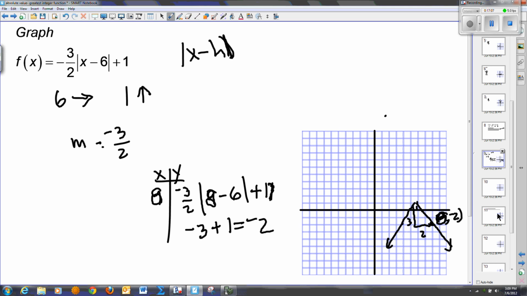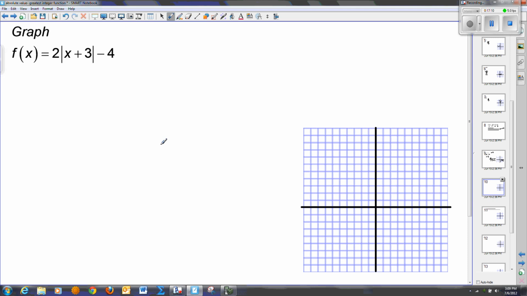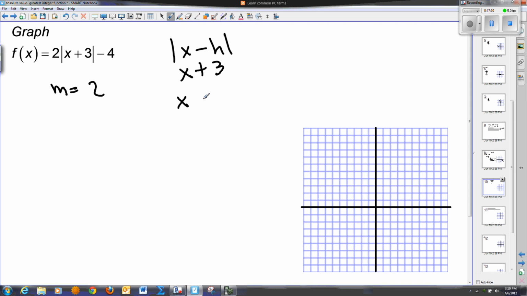Let's do another one, just to clear things up. In this case, I have a slope of 2. In the absolute value, I should have x minus h as the form. But what I have is x plus 3. I don't want a plus there, I want a minus. So how do I represent that as a subtraction? Well, I subtract a negative to put it in the proper form.